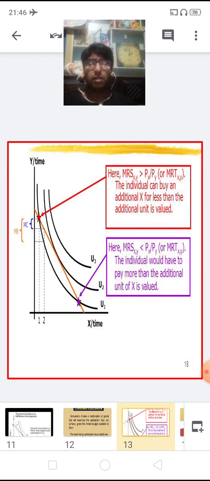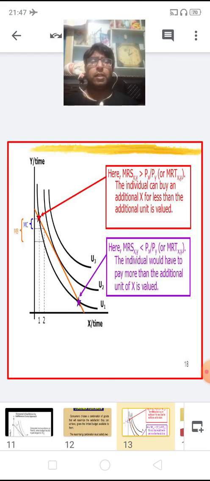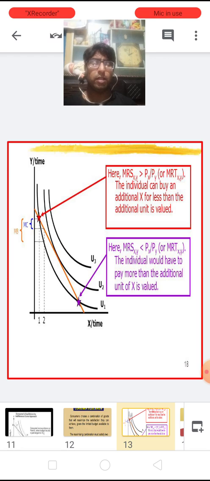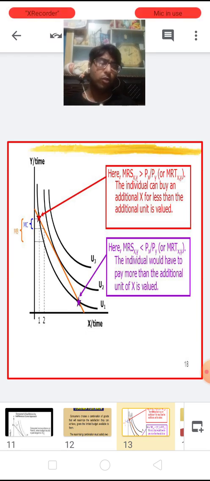Same here, children, if MRS_XY is greater than Px upon Py, it means a consumer is getting more satisfaction from the consumption of good X as compared with good Y.